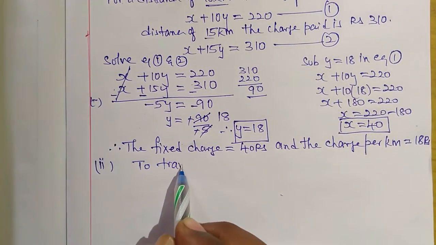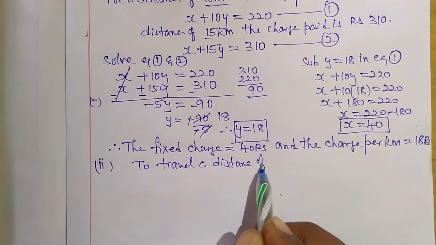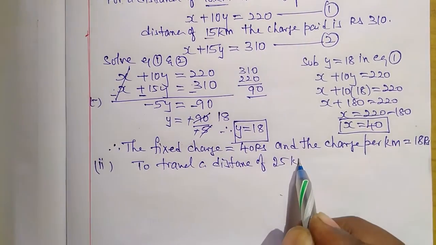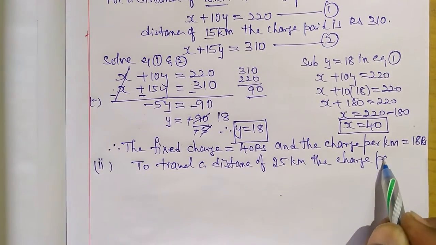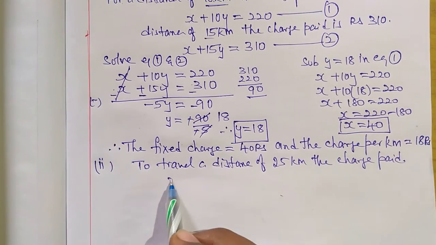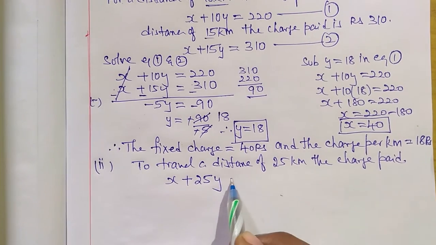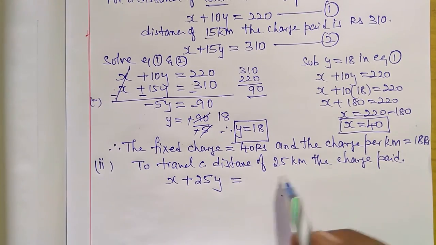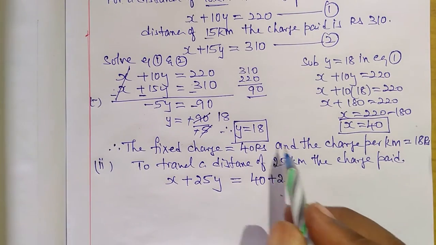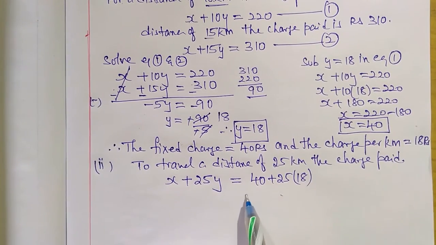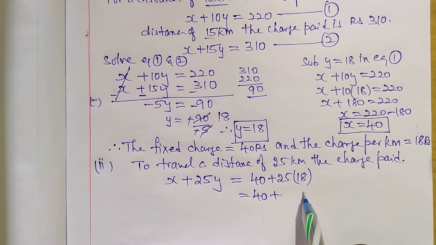To travel a distance of 25 kilometers, the charge paid is the fixed charge plus the 25 kilometers charge. So this is the equation: 40 rupees plus 25 into 18, the charge per kilometer.